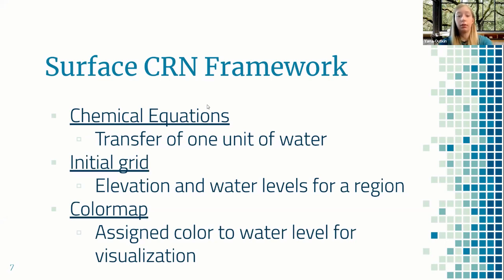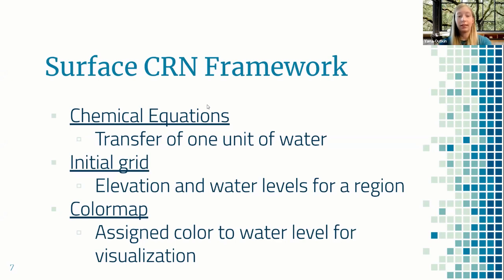For the initial state, I used a hexagonal grid so that the center of each cell would be equidistant from its neighbors. And on the initial grid, the chemical species were the combination of the water level and elevations for a specific region. And then I used a color map to visualize the changing water levels as the chemical reactions progressed.